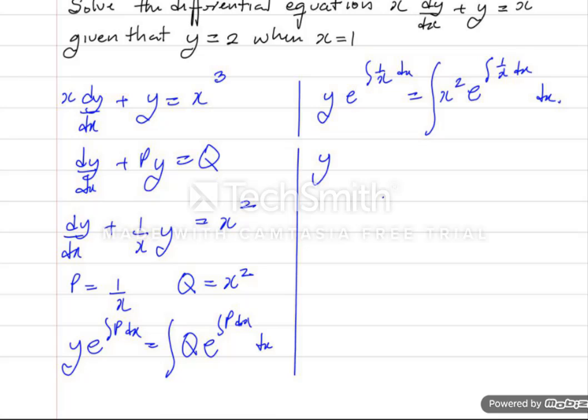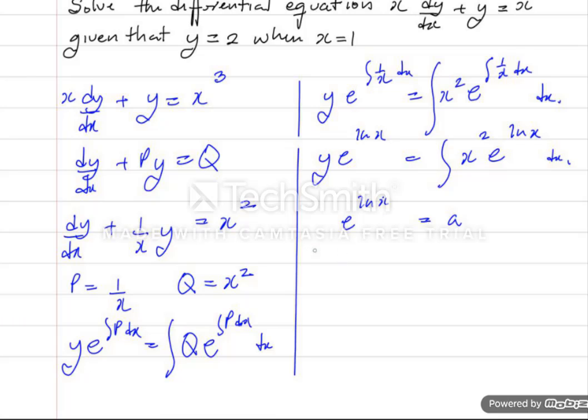So this is y e to the ln x is equal to the integral of x squared e to the ln x dx. What does e to the ln x equal? Let us say it is equal to a. Let's take log to the base e of both sides.